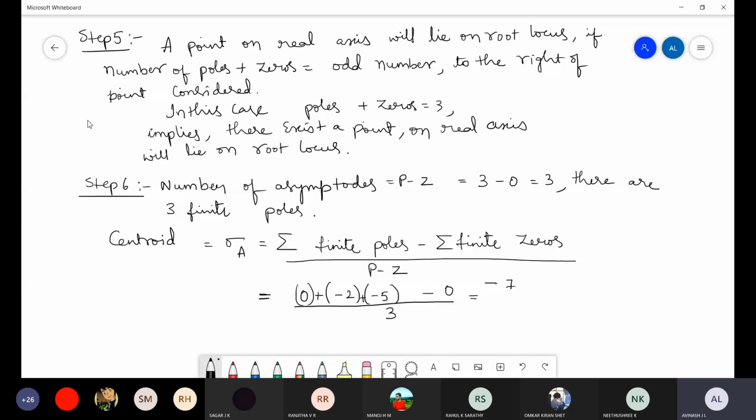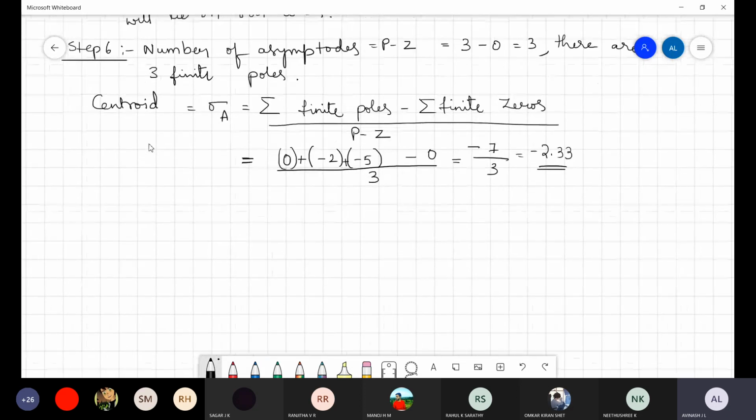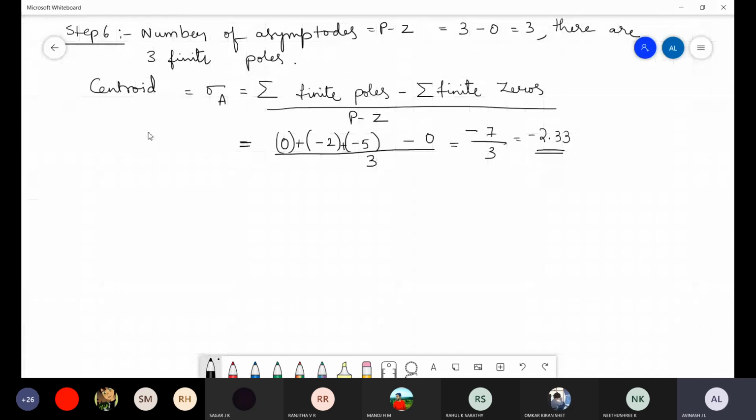Minus 7 divided by 3 comes to minus 2.33. That is the value of the centroid, on the left of the S plane on the real axis, at minus 2.33. That is the second thing, the centroid.